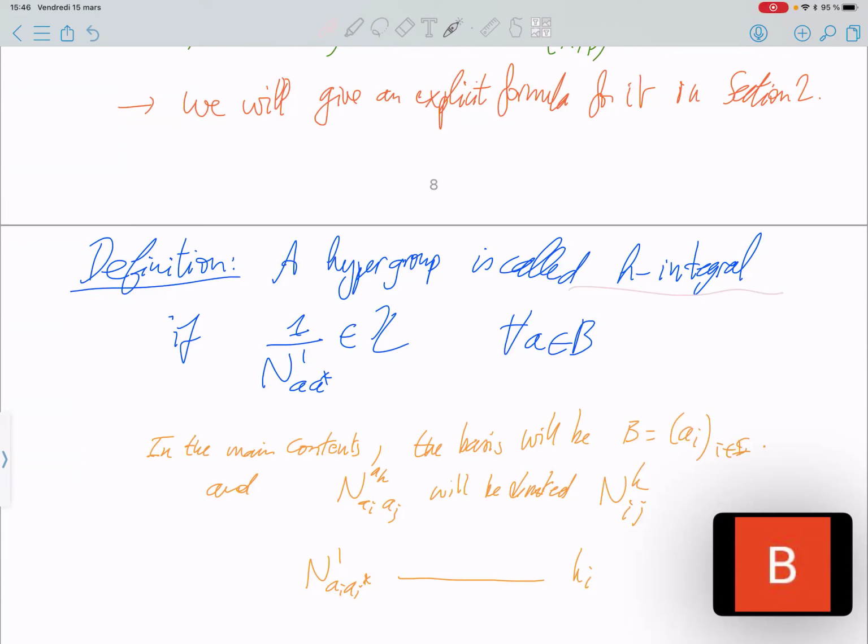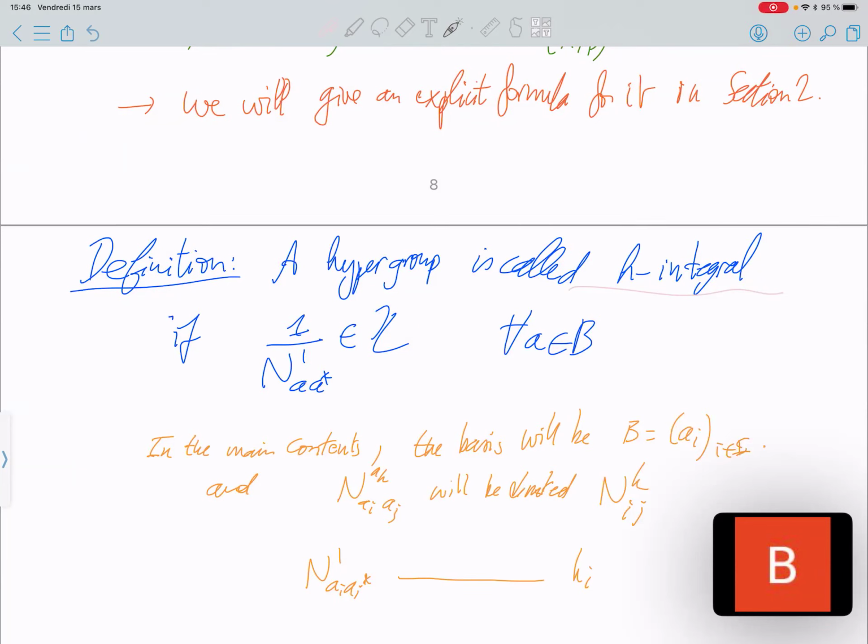In fact, this is true for a Grothendieck ring of weakly integral fusion category. It's always H integral, but for a general weakly integral fusion ring, it's not always H integral. And in fact, the Burnside results we will prove require this H integral assumption.